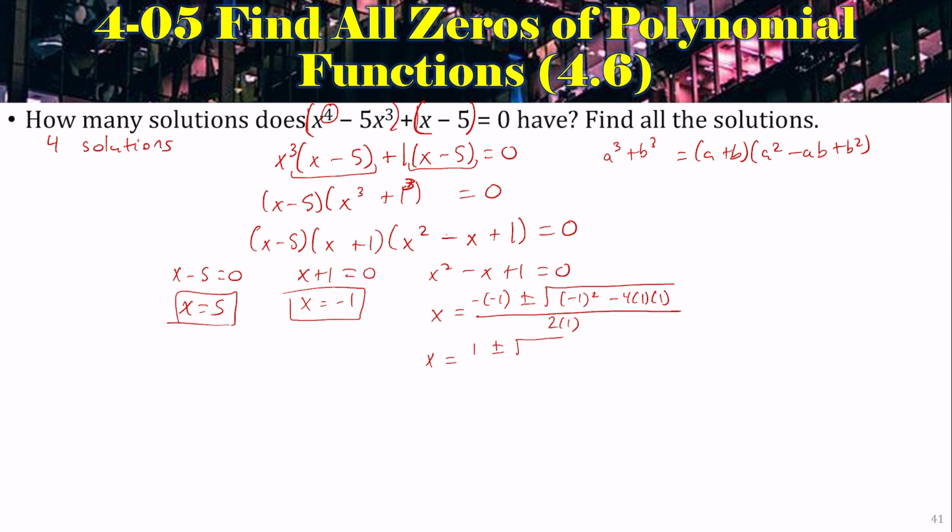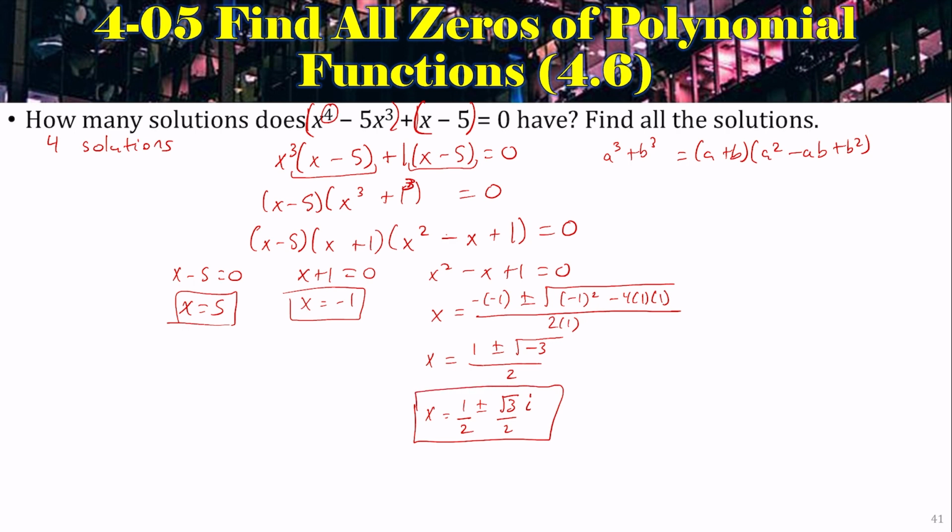So this looks like we have 1 minus 4 is negative 3. Square root of negative 3. The square root of 3, and the square root of the negative is i. And we would usually split this up into 2 separate fractions.